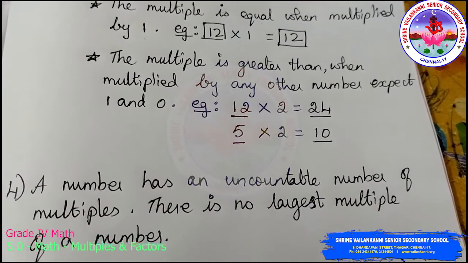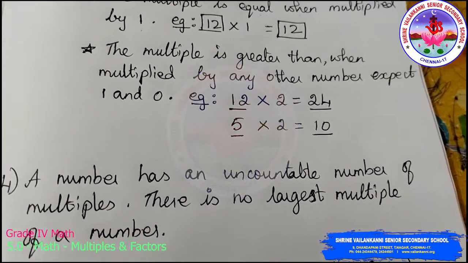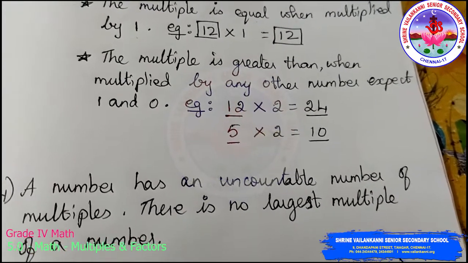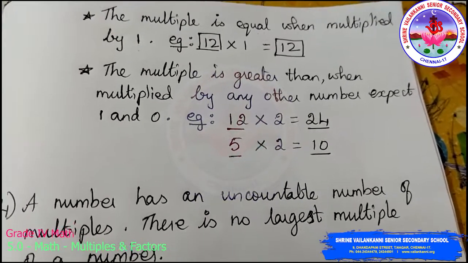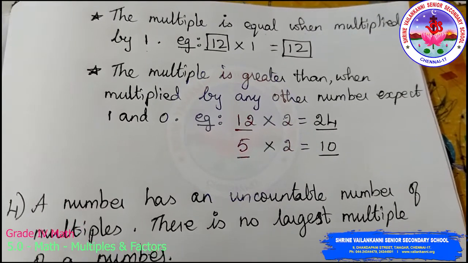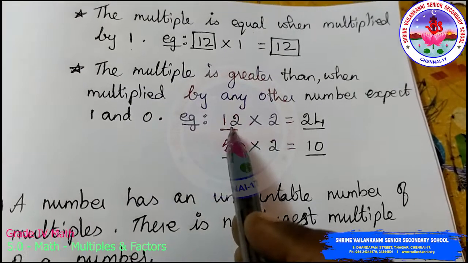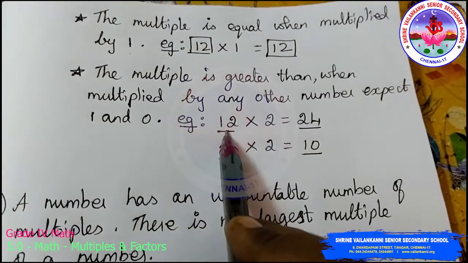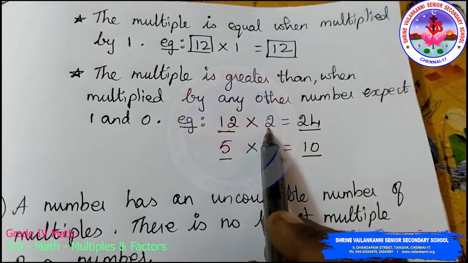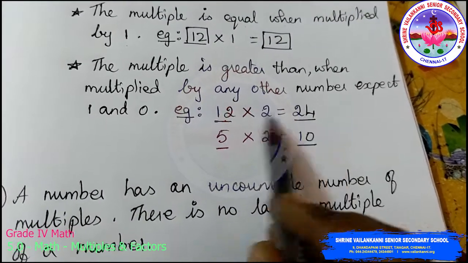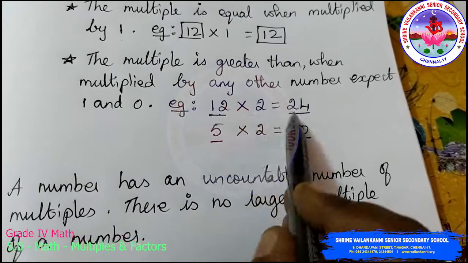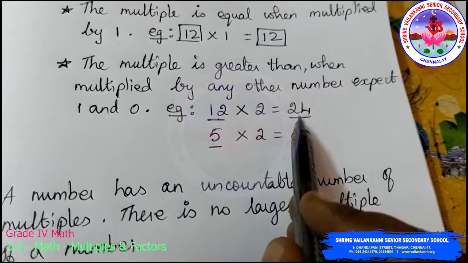If you take any number other than 1 or 0 and multiply, the multiple, the answer, will be greater than the number. So if you take 12 and multiply it by a number other than 1 or 0, you will get a multiple greater than the number. 12 into 2 gives 24.